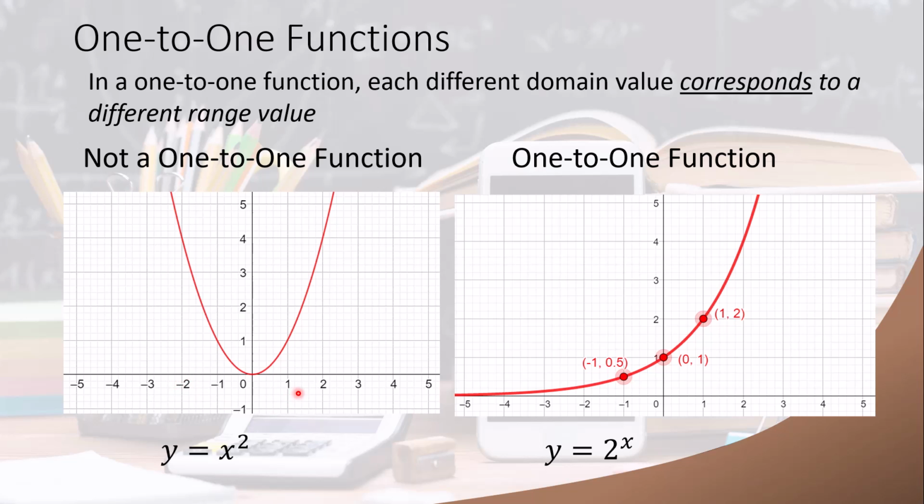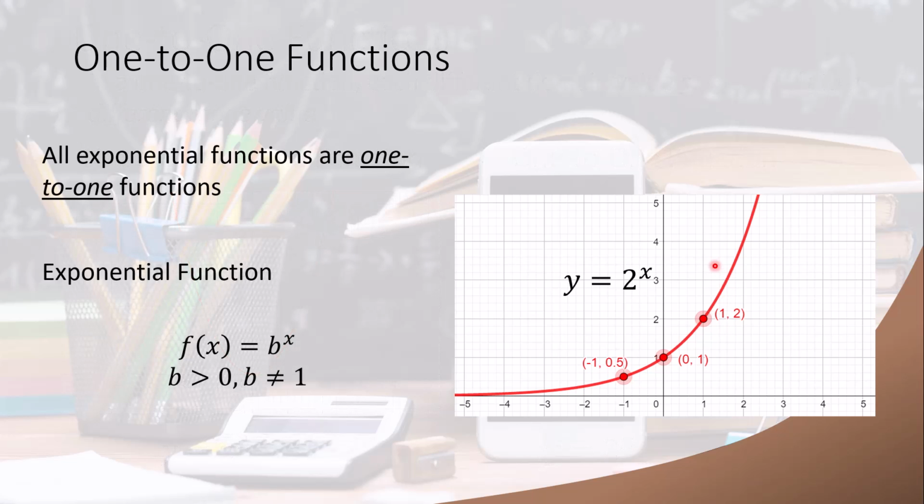For example, -2 and 2 will produce 4. Therefore, it is not one-to-one. However, the exponential function y equals 2 to the x is a one-to-one function. Different values of x will produce different values of y. And as you can see, all exponential functions are indeed one-to-one functions.